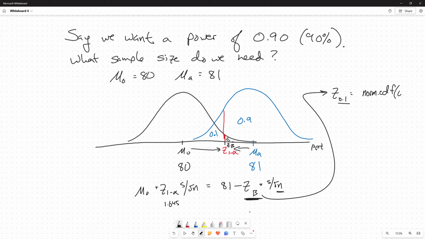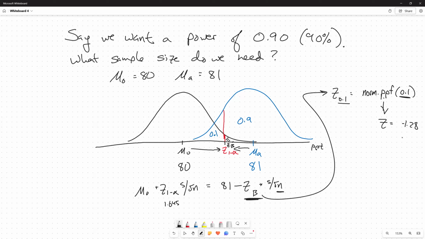It's norm.ppf. Norm.ppf, we put in 0.1 and it spits out a z value. It's basically just an inversion of your table. So if you go to your z tables and you look at the cumulative probability on the rows or columns, and then you find the z-score associated with the cumulative probability of 0.1, that ends up being z is equal to negative 1.28.